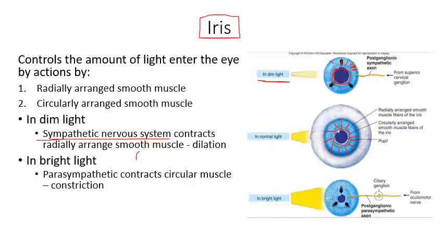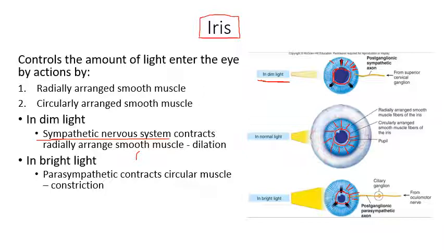Okay. In bright light, now we want to limit the light coming in, because otherwise our photoreceptors will get bleached. So how do we do that? Now we can relax the radiate muscles and contract the circular muscle here, and that causes our pupil to constrict, to limit the light coming in.